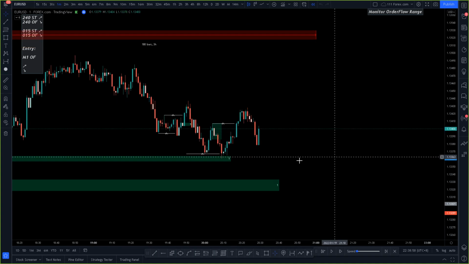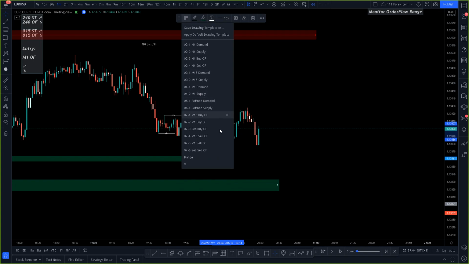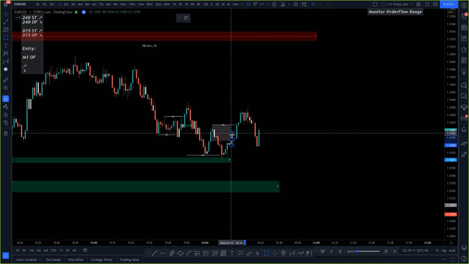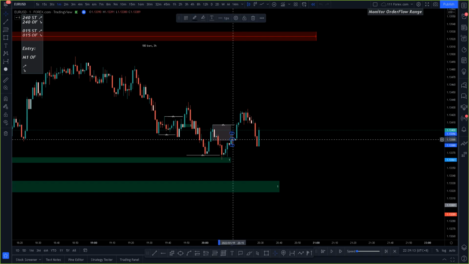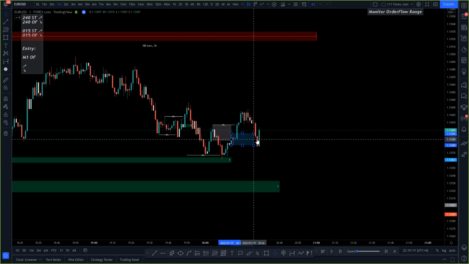And cool, sell to buy, to sell, sell to buy. Sell to buy has one sell floor that has been broken by this one, and one buy order flow. So cool.